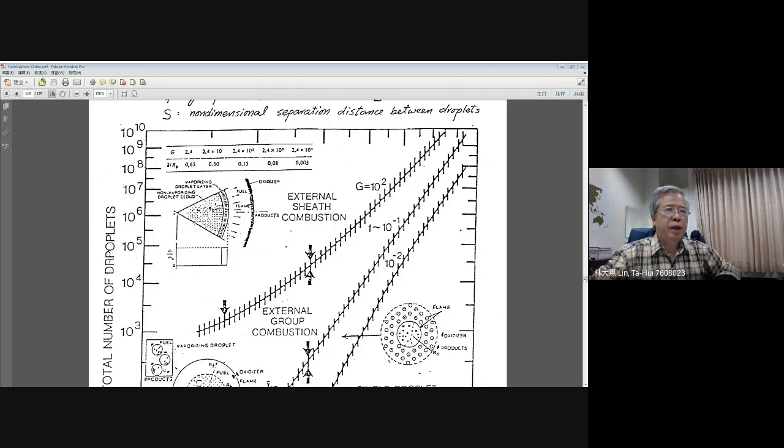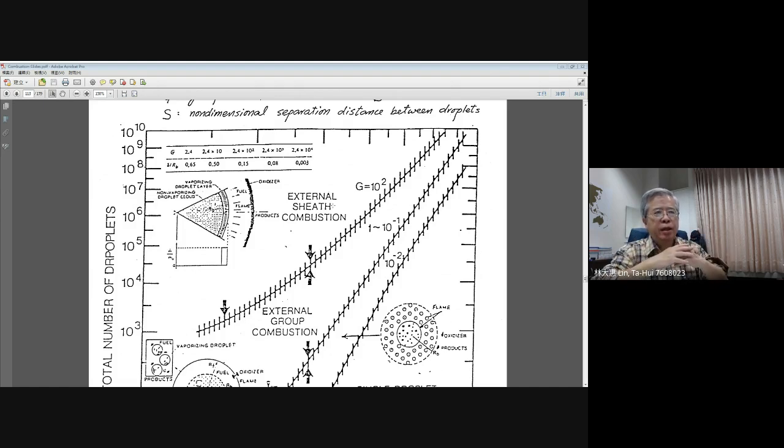But when you decrease the group combustion number, you go to a slightly more dilute spray region. Since it is less dense, you will have a larger separation distance, and the number of droplets reduces a little bit.